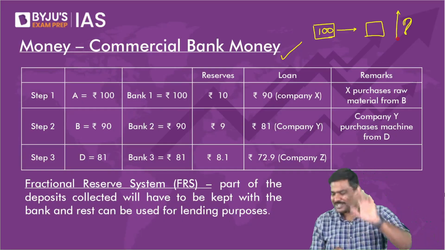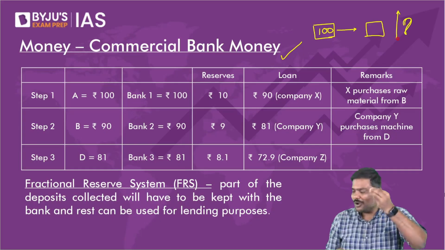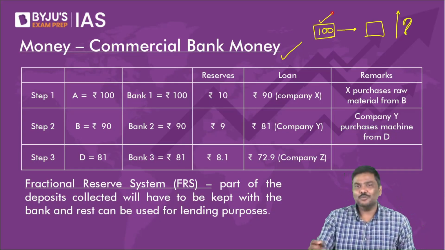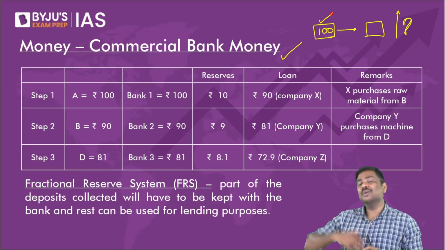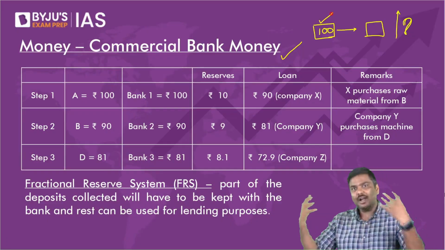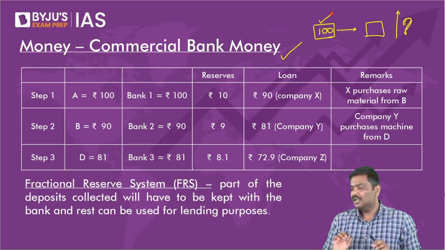Don't say 100 rupees, it will not change by 100 rupees. Please wait, then you have not understood what the fractional reserve system is. Because of the fractional reserve system, overall money supply will change by how much? We want to measure that.